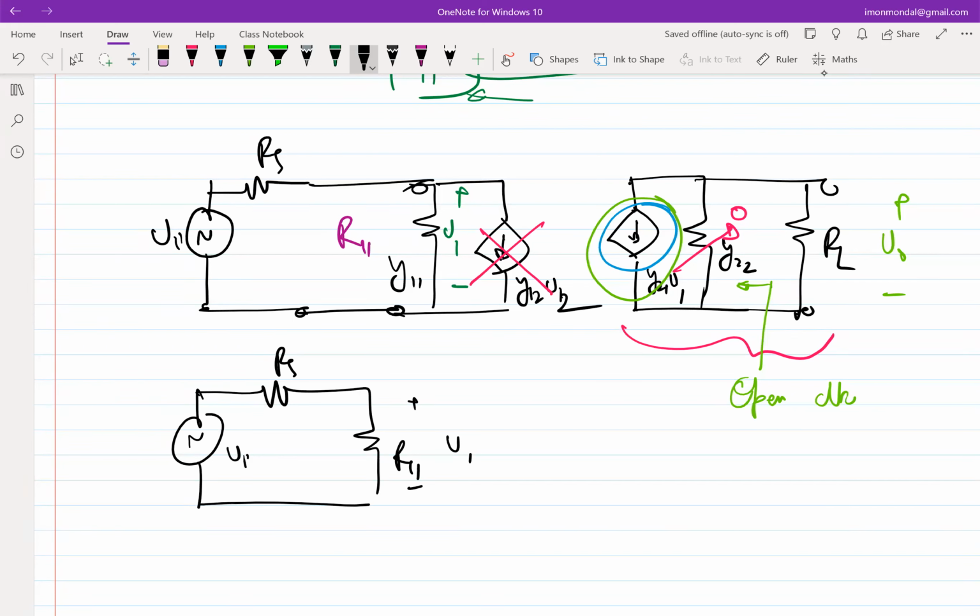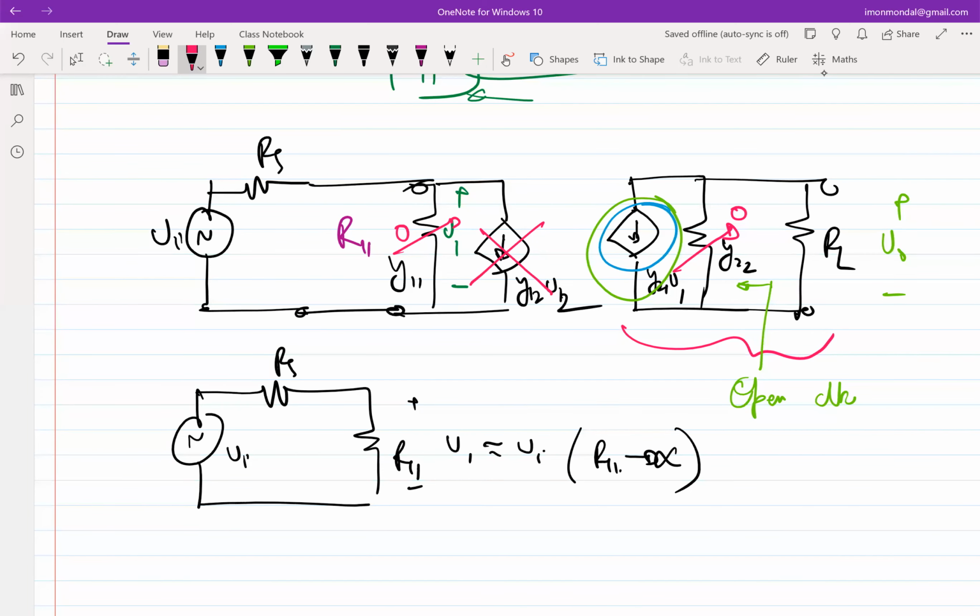In this case, V1 can be at max Vi when R11 tends to infinity. This is the wish list. R11 tending to infinity is equivalent to saying Y11 tending to 0. So we want Y11 also to tend to 0.